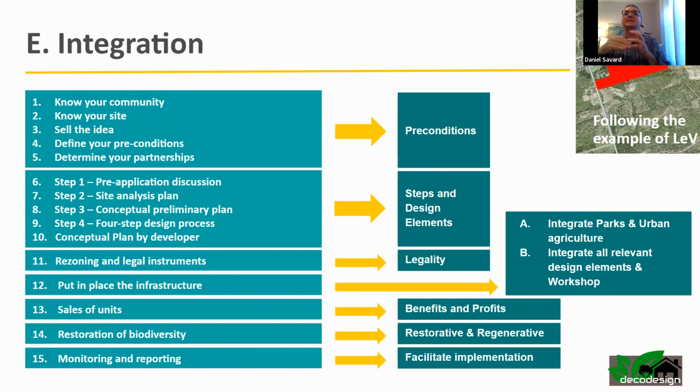What are the steps and design elements that should be considered? How can we deal with the legal aspect of it? How to put in place the infrastructure? How can we benefit and have the profits that are going to be generated with the subdivision, and look at the restoration of biodiversity and facilitating the implementation?